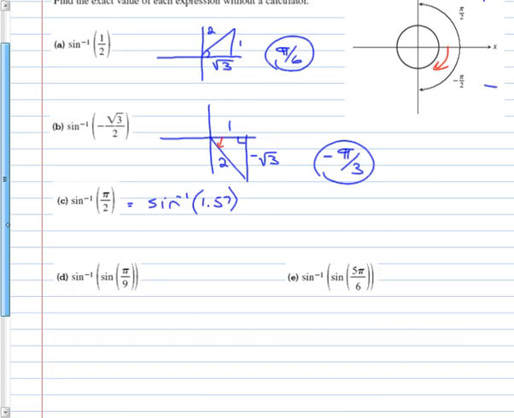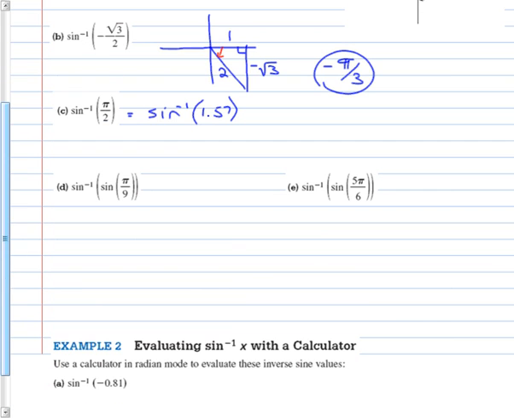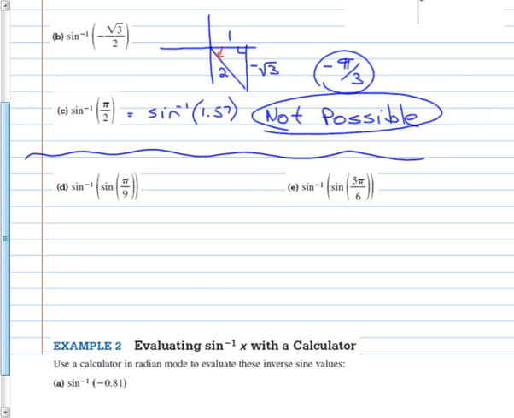Is 1.57 between negative 1 and 1? No. Not possible. No solution. You cannot take the inverse sine of 1.57. You can't get an answer. You can't do it.